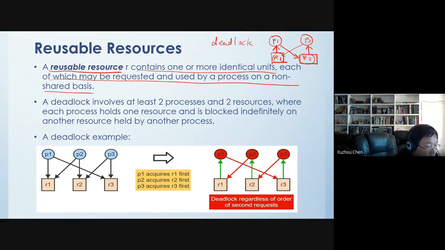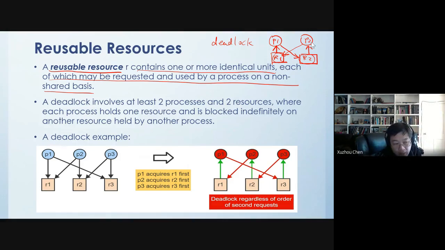Process 1 cannot continue because it needs to get resource 2 to continue, but process 2 is holding it. And process 1 is holding resource 1. Process 2 cannot continue because process 2 is holding resource 2 but still requests resource 1. That's the deadlock situation.